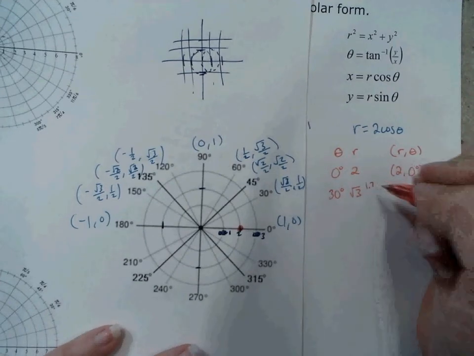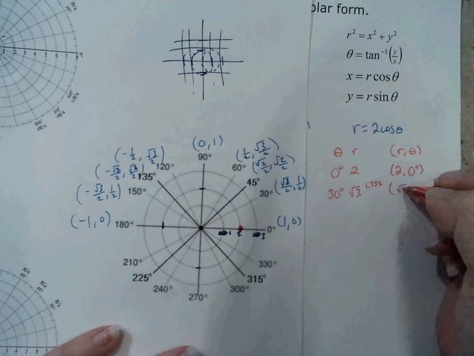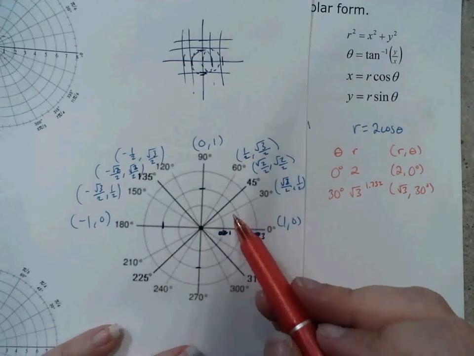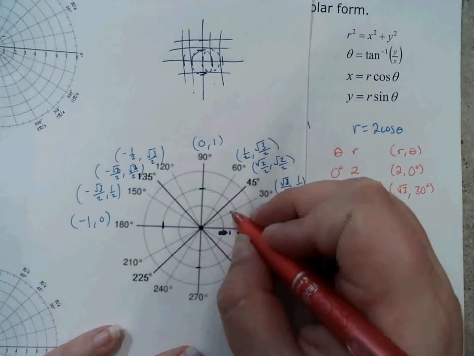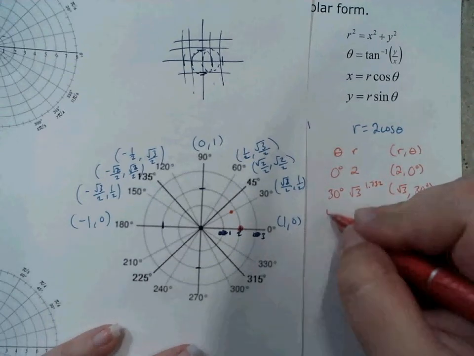Yes, it's 1.732. So if I rotate 30 degrees, then I would go out a radius of 1.732, somewhere around 1.7.